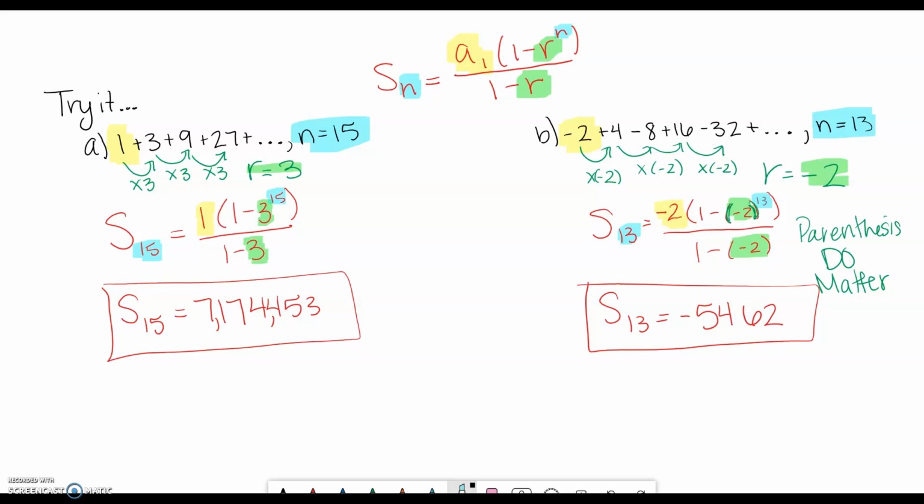Again, make sure you're paying attention to parentheses, and when you're plugging it in, you either need to simplify this bottom one or add parentheses when you put it into your calculator. Otherwise, it'll do the division of 1 first and then subtract or the ratio afterwards. And you want this to be done before you divide.